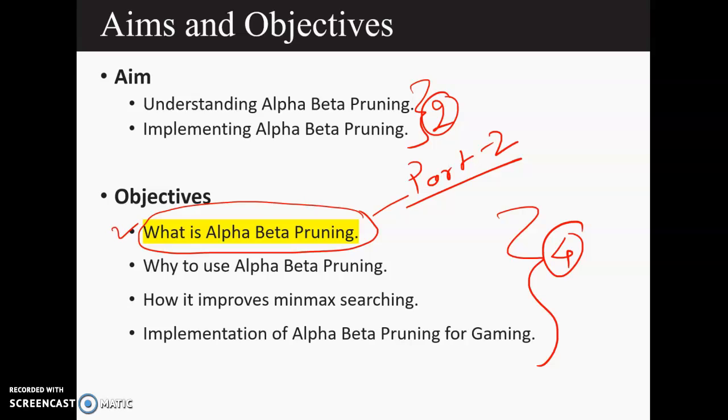In the next slide, I have provided some bullet points to explain what alpha beta pruning is, and then I will take one example to present the importance of alpha beta pruning for the Minimax searching tree.